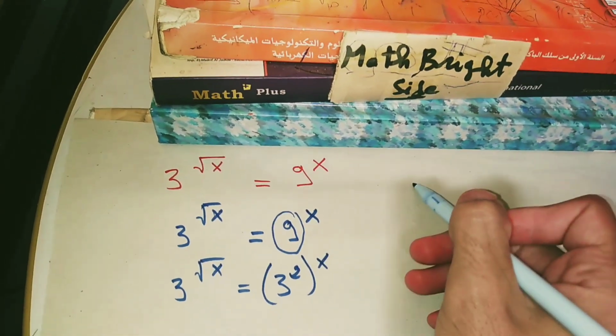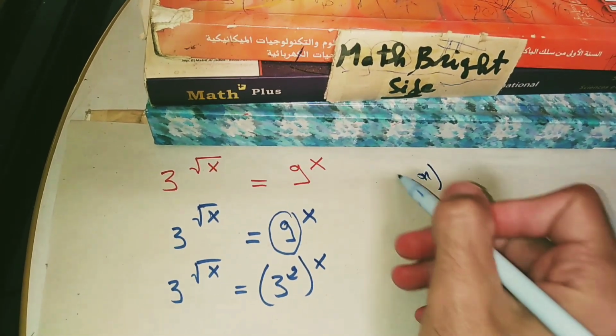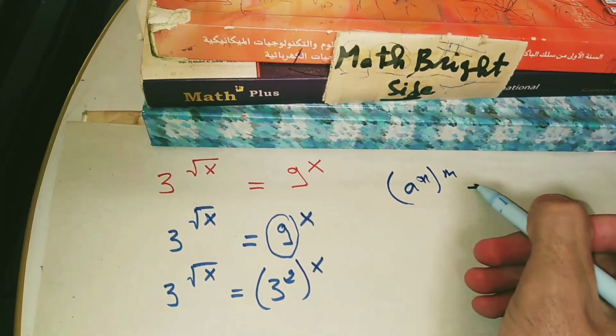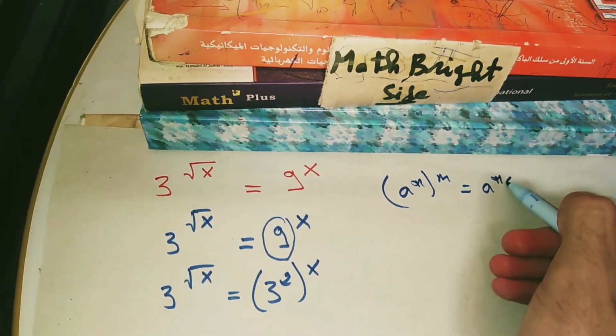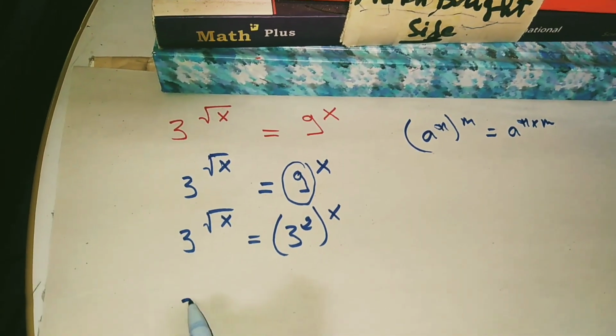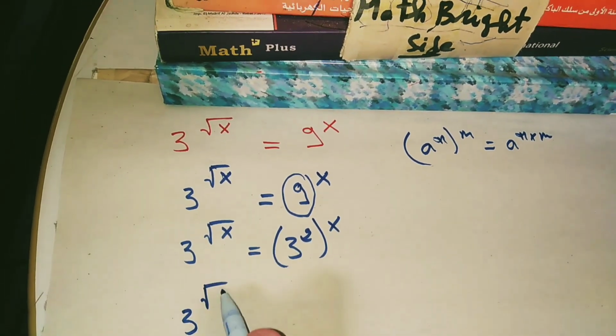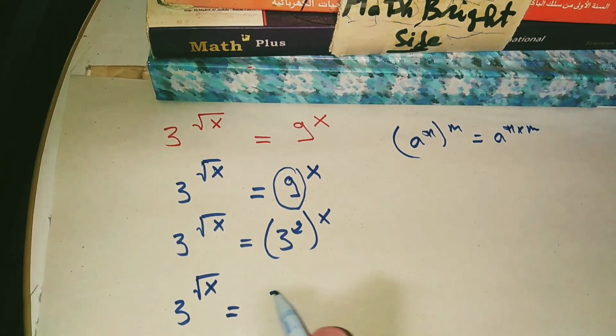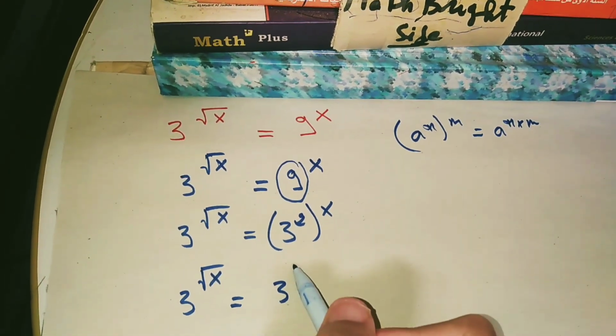We know that a power n, bracket power m, is equal to a power n times m. Next step, 3 power square root of x is equal to 3 power 2 times x, 2x.